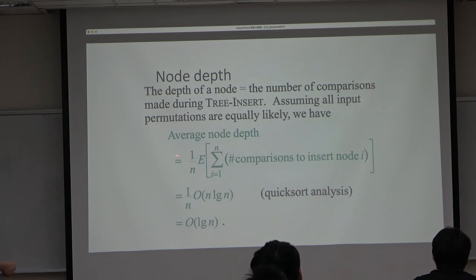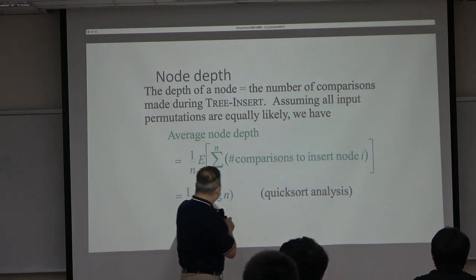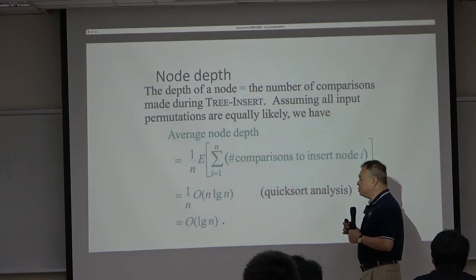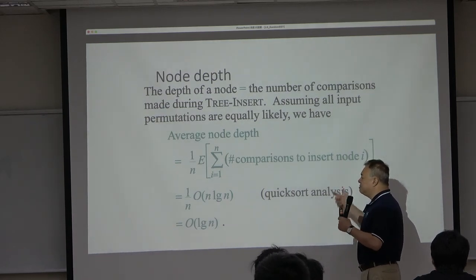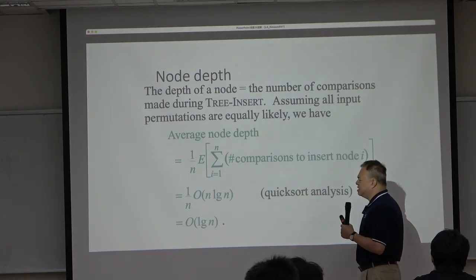And then the average node depth will be 1 over n times the sum, because we have n numbers, so we need to average it. So the expected number of comparisons to insert a node i, the sum of that. And we know this one, because as I previously told you, the number of comparisons is the same as the quicksort.